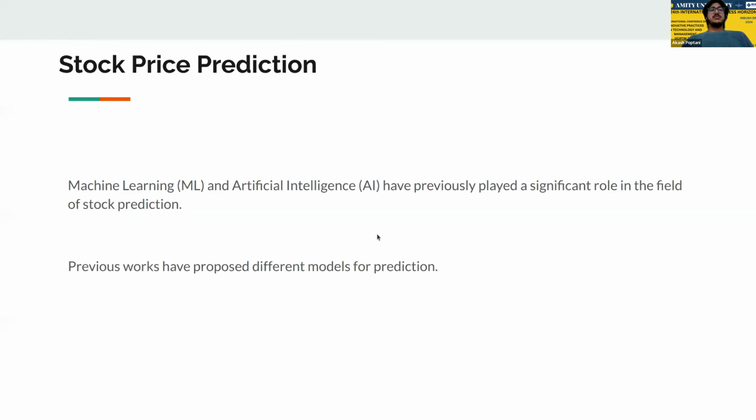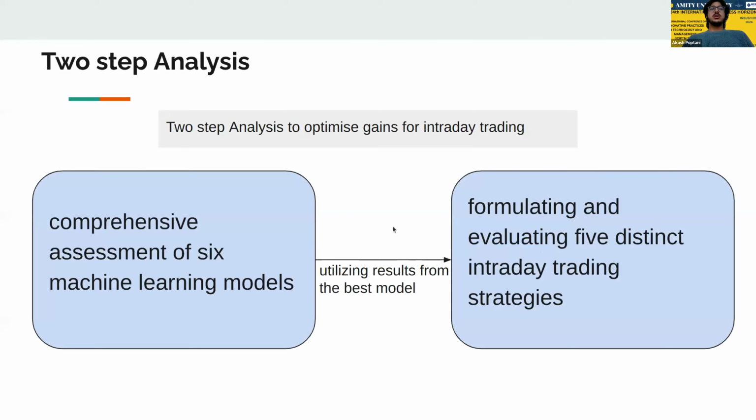Many people have tried out different machine learning and deep learning models. AI has played a significant role in the field of stock price prediction. My work is a two-step analysis to optimize gains for intraday trading. It's very specific to intraday trading.